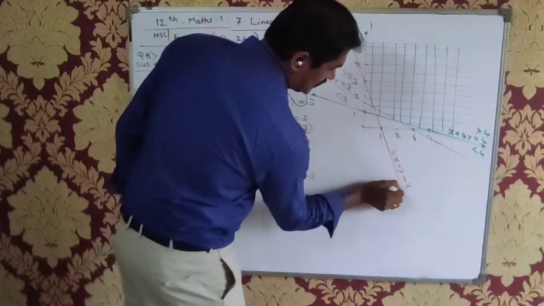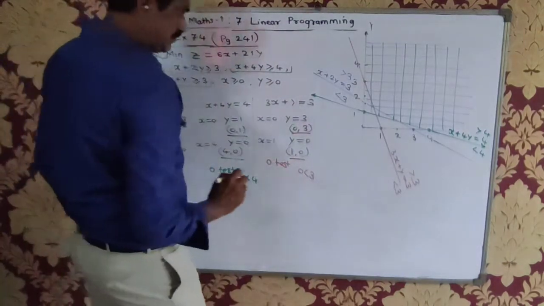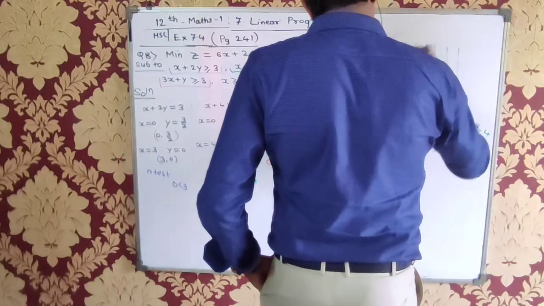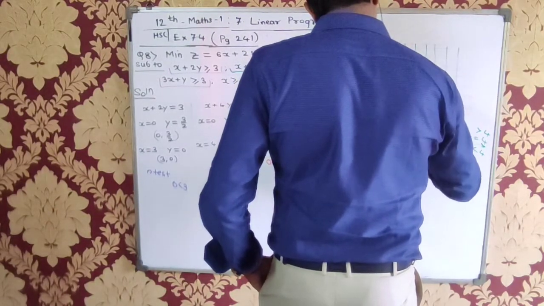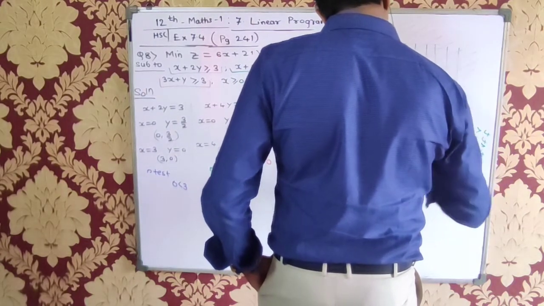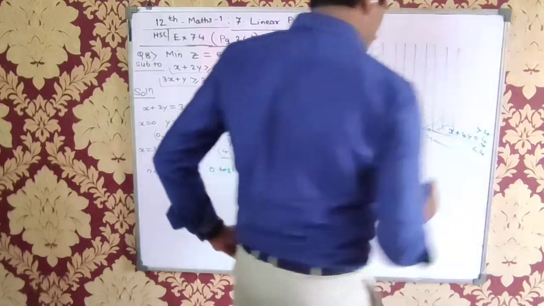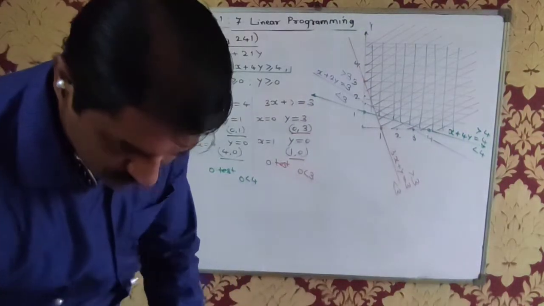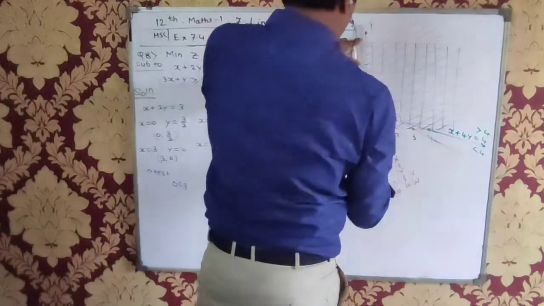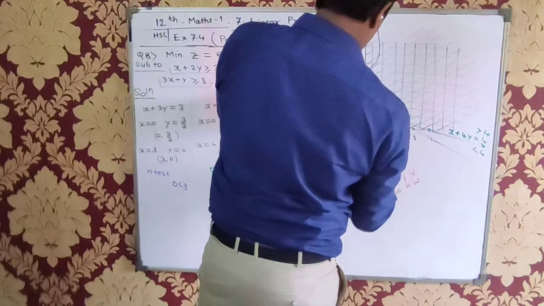So it is less than 3 on the origin side, greater than 3 on the non-origin side. And we want greater than or equal to 3, on the line and above the line. So I locate here all the points. We want the common shaded area now. Common shaded area is like this.